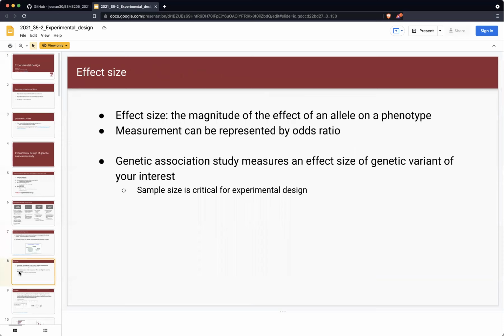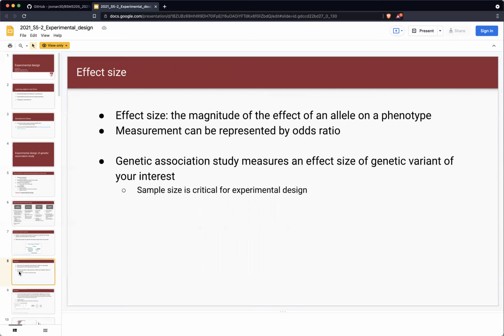And when we're talking about the sample size, we can also think about the effect size, which is the magnitude of the effect of an allele on a phenotype. This effect size, we basically measure by odds ratio. We will cover this term in the next slide. Genetic association studies basically measure the effect size of genetic variants of your interest.